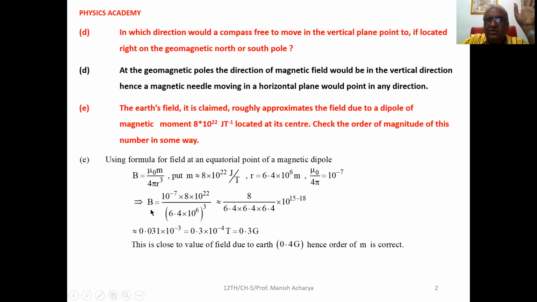So in this equation of B, if we substitute all these values and solve it, our answer will come to 0.3 into 10 raised to minus 4 Tesla. So we can say that is nearly equal to 0.3 Gauss. Clear? And this one is very close to the actual average value, that is 0.4 Gauss. Clear to all of you?